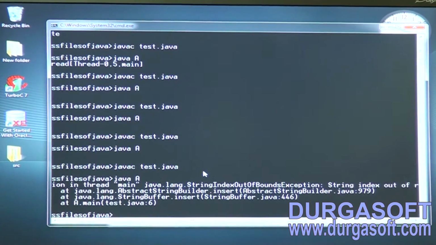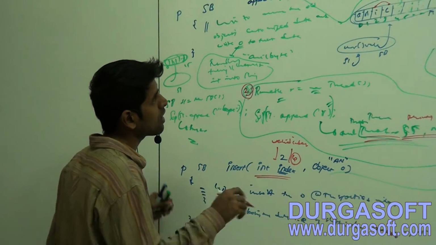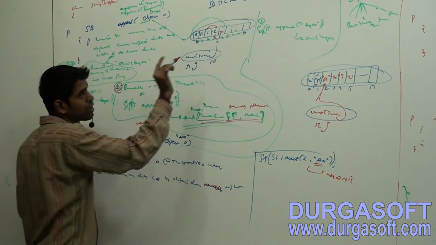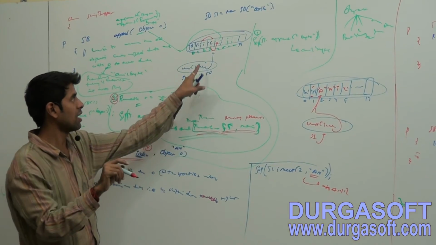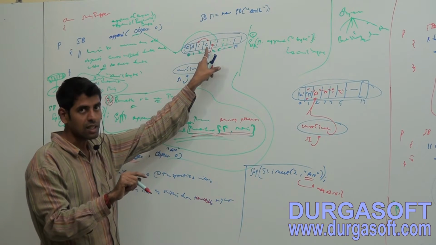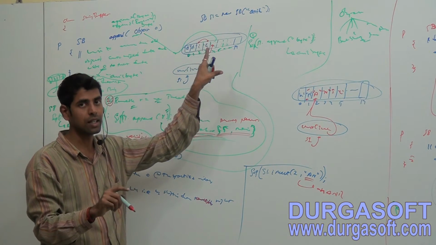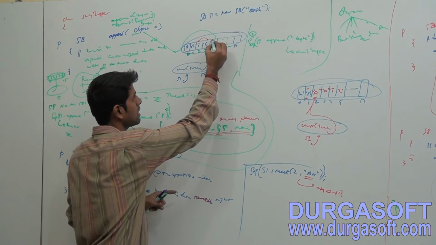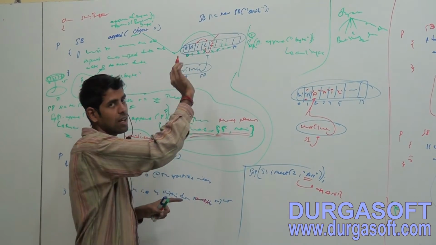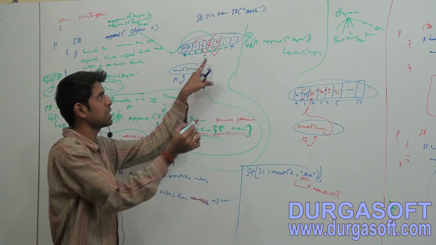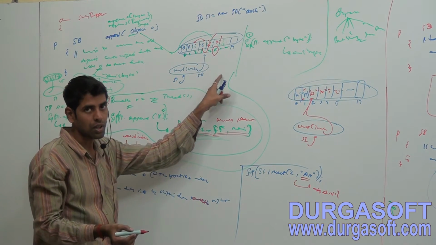Observe, friends, what is happening means you can insert data from the immediate index onwards, but not after the immediate index block. You can insert the data from this block onwards, but not from this block. That's why it is giving out of range.